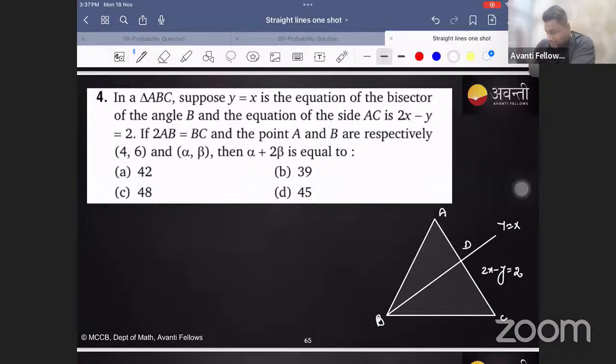Let us assume this is D. If AB upon BC is 1 by 2, then since BD is the angle bisector, it has a property that it divides the opposite side in the ratio of the sides containing the angle.